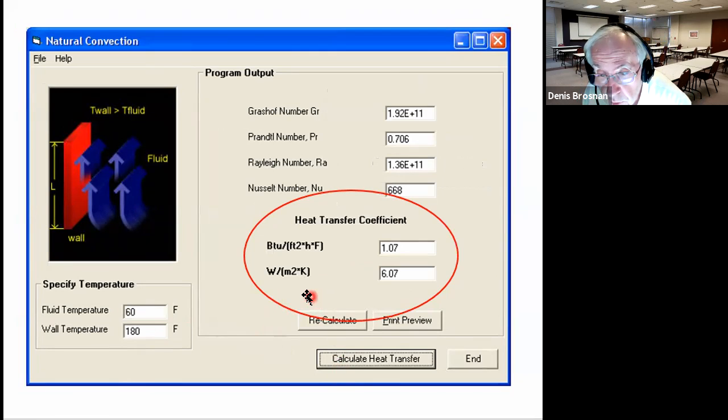The metric unit is given to you right here in watts per meter squared degree Kelvin. That's a whole lot easier than trying to calculate this using equations. If you're an engineer and love to do that, then great, you can calculate it. Nevertheless, that's an example of convection heat transfer.